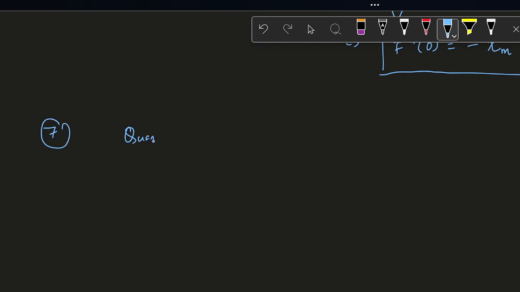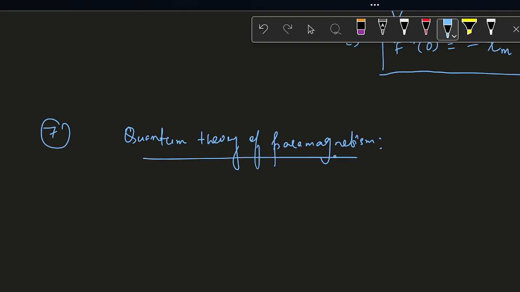Because it is asked for a paramagnetic system, we use the quantum theory of paramagnetism, and we have to get our net magnetic moment, and after that we'll be done.